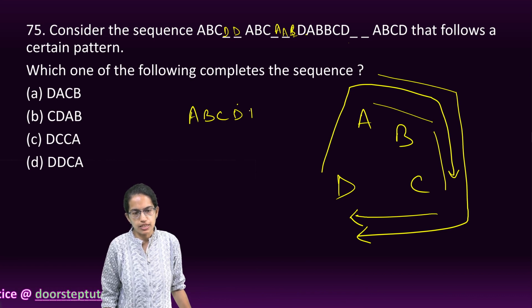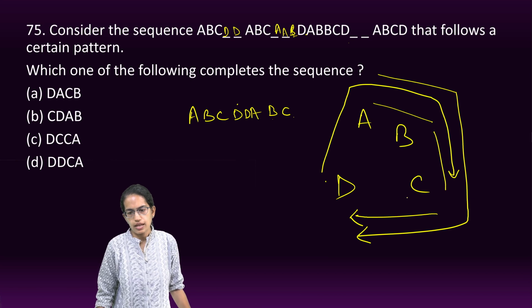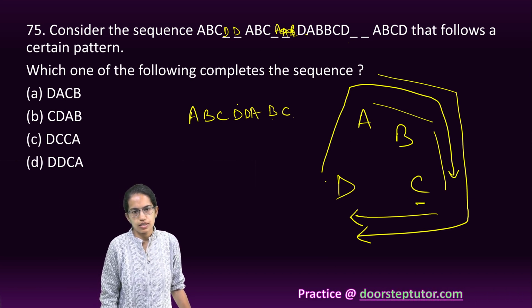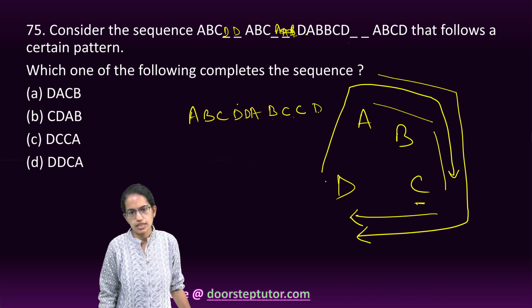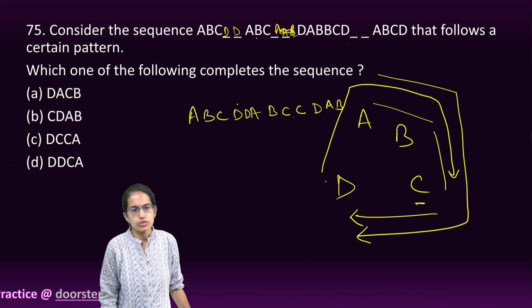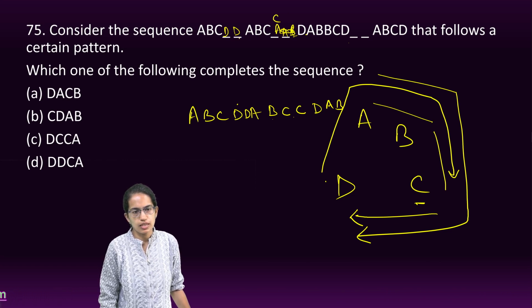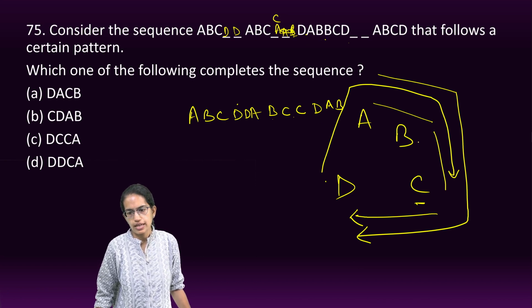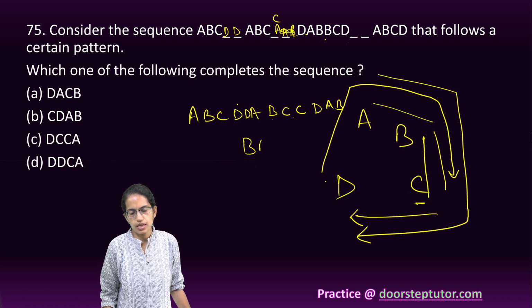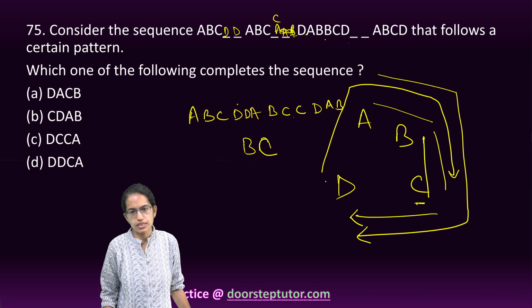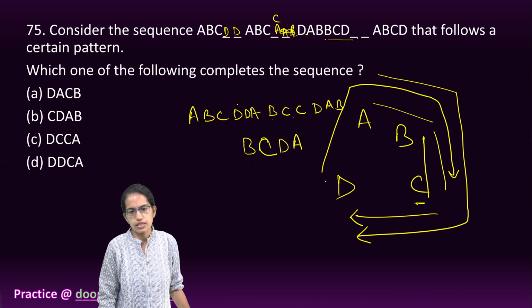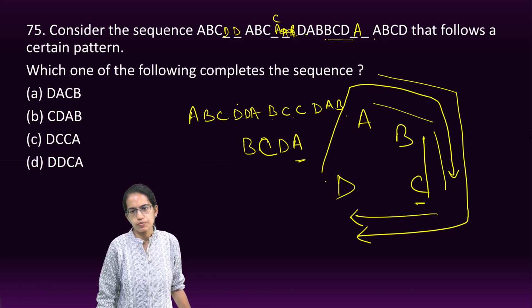Then I start with D. So D, A, B, C. Then I start with C. So when I start with C, it is C, D, A, B. And then I start with B. So it would be B, C, D, A. And then I would have again A, so it would be A, B, C, D again.